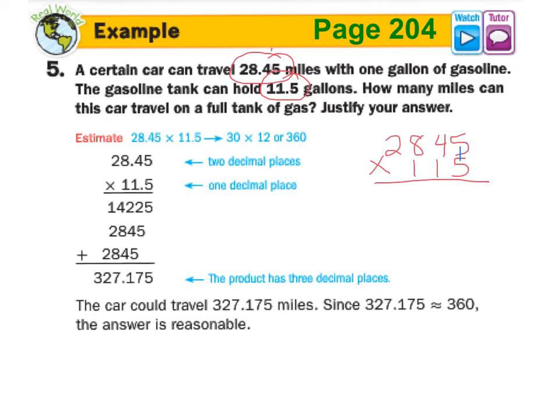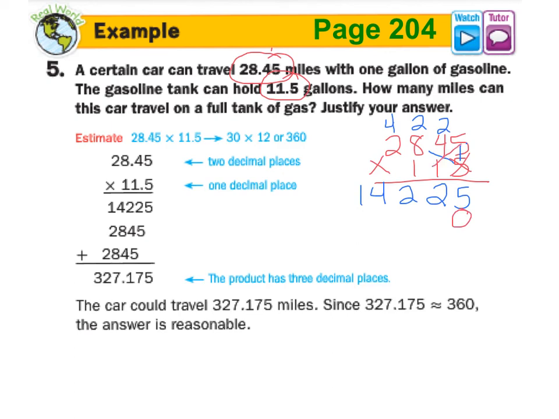So 5 times 5 is 25, carry the 2. 4 times 5 is 20, plus 2 is 22. 5 times 8 is 40, plus 2 is 42, carry the 4. 5 times 2 is 10, plus 4 is 14. Alright, and then I have multiplied by my 1s, so I hold my place value with the 0.